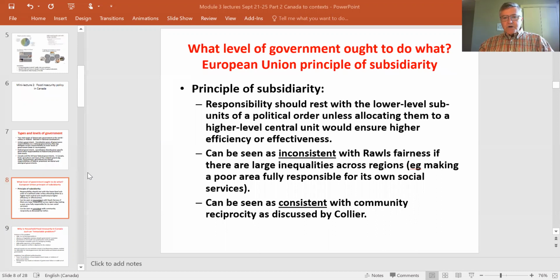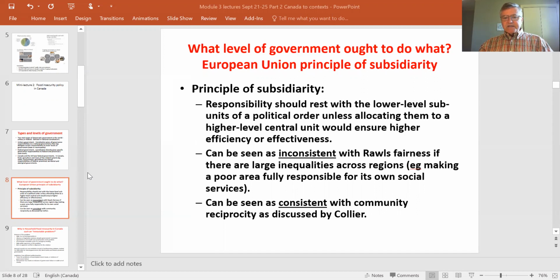So how should you sort out responsibilities in that situation? The European Union, which is governed by an agreement among all of the member states, approaches that through the principle of subsidiarity.